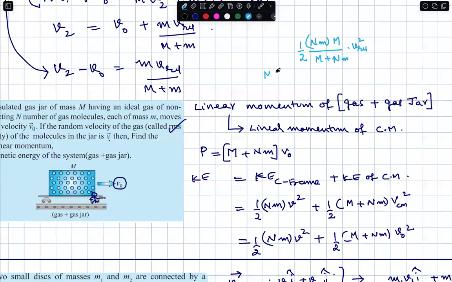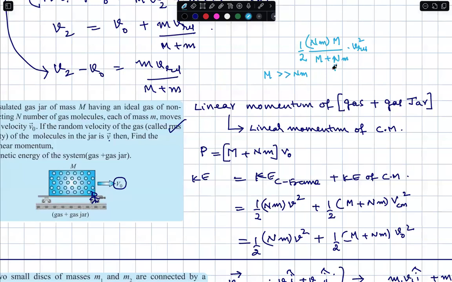Here, M is very high when compared to the mass of the gas. Take a gas cylinder: hardly do you find a difference between an empty gas cylinder and a full gas cylinder. But when I take a very big container, this is the condition.